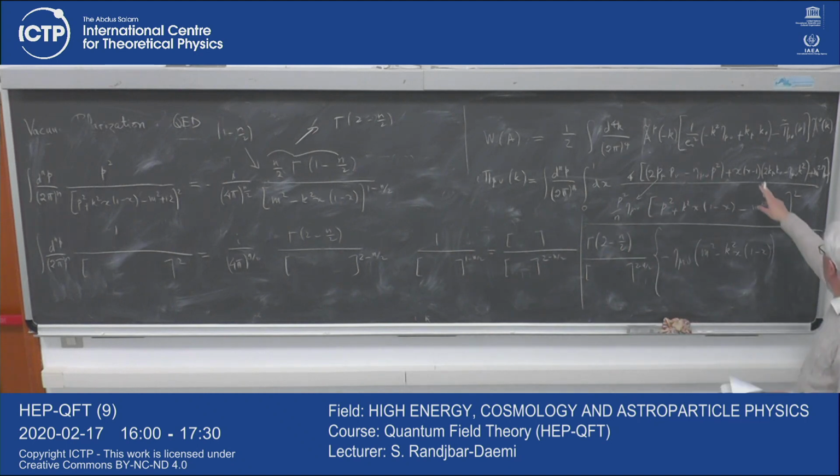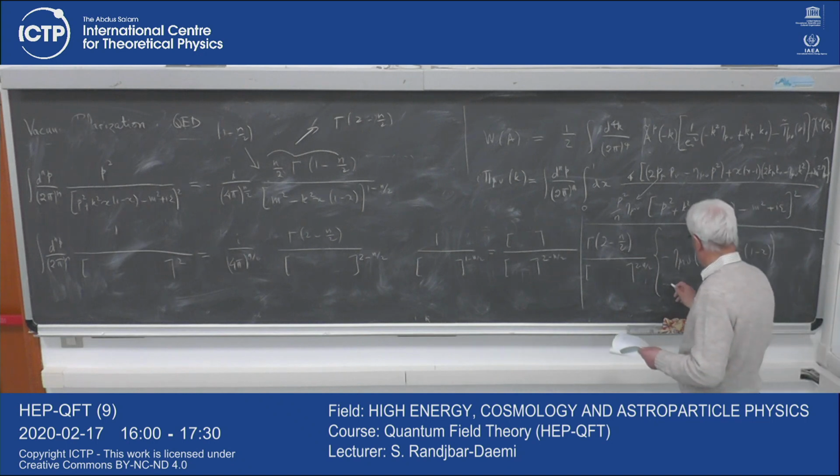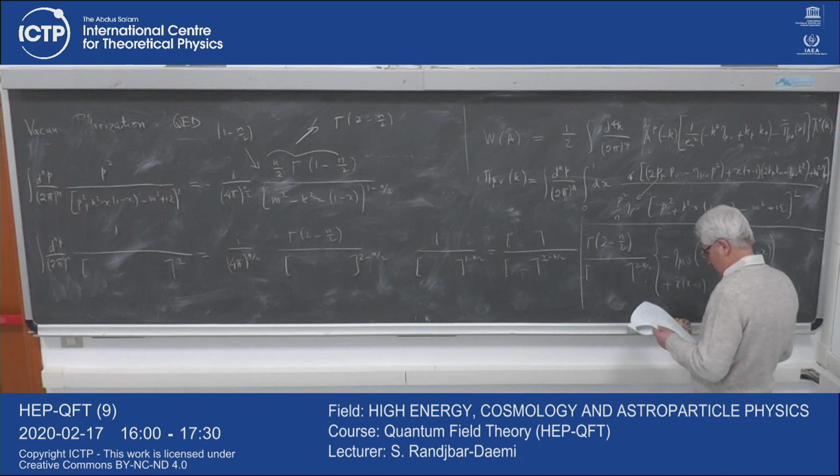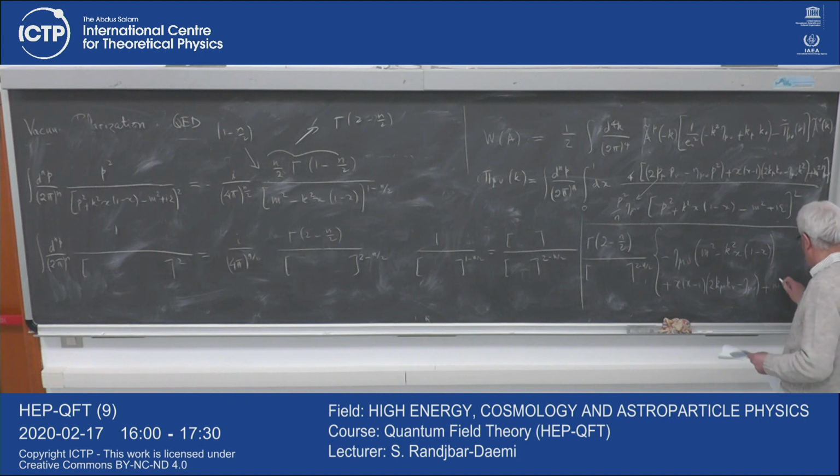And then the rest of these things we should add to it. And those are plus x times x minus 1 times 2 k mu k nu minus eta mu nu plus m squared eta mu nu.